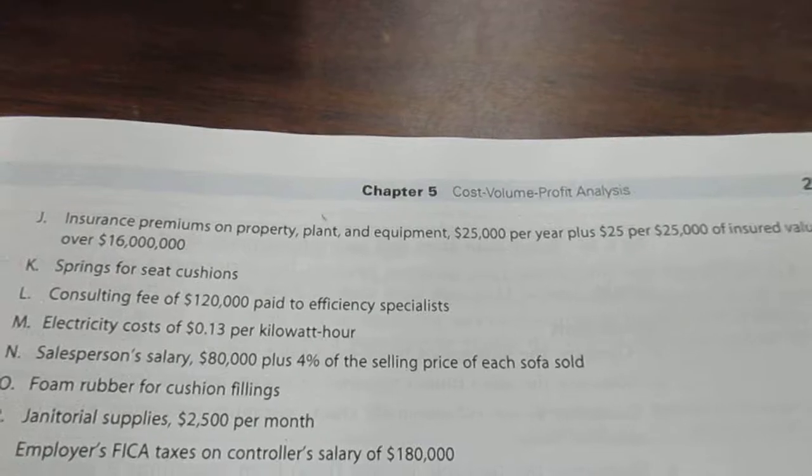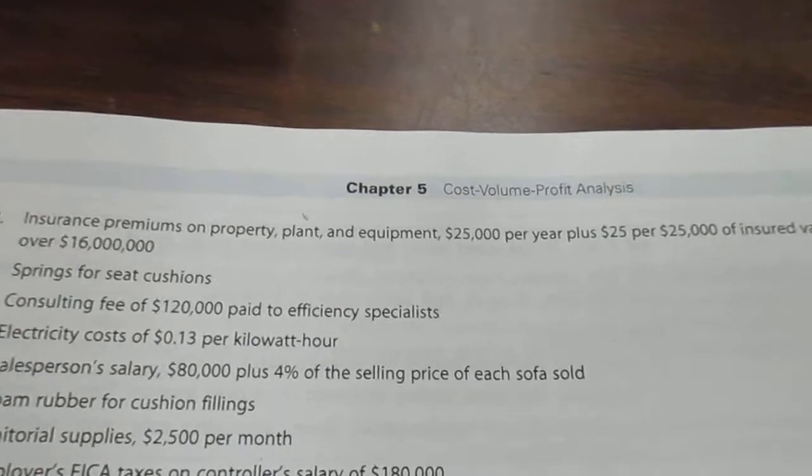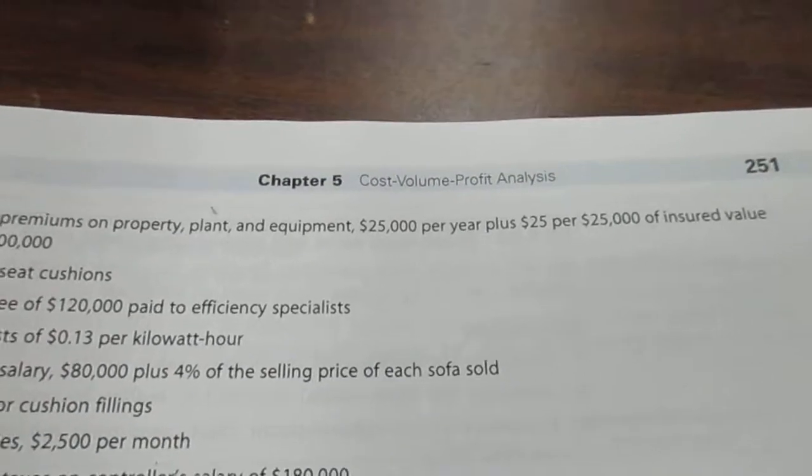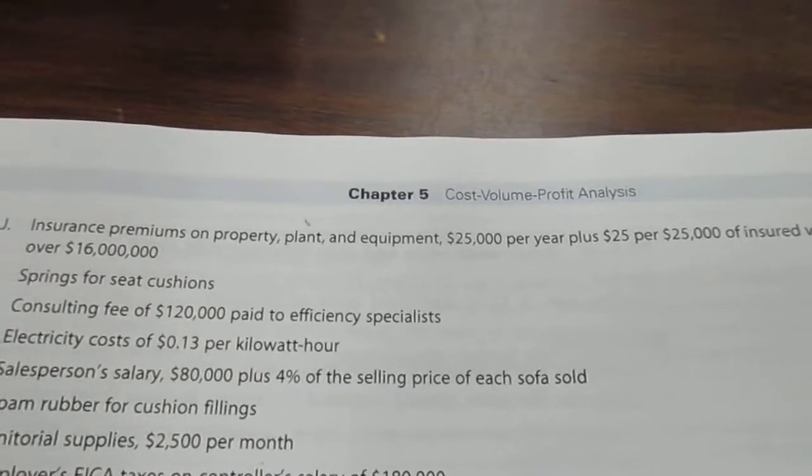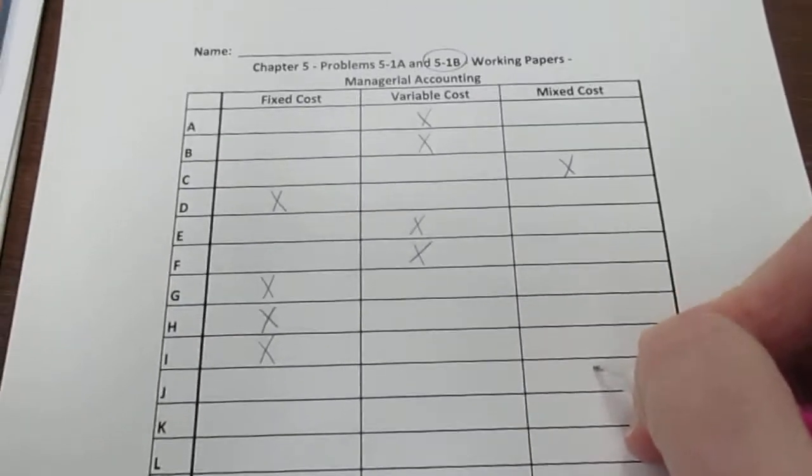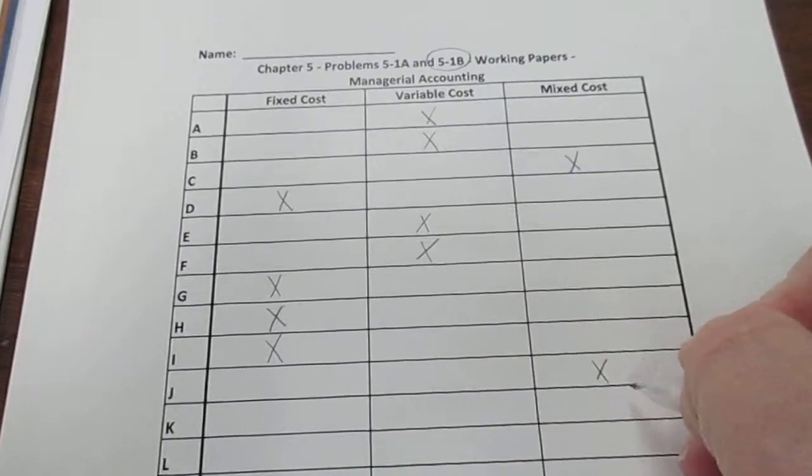We have that fixed cost of $25,000, and then we have that variable cost at the end there. So that one's going to be mixed. So letter J becomes a mixed cost.